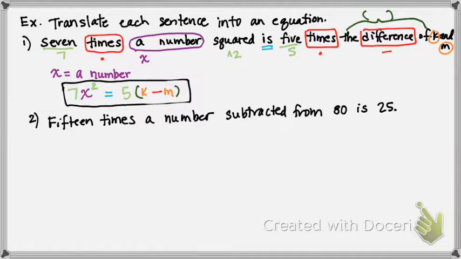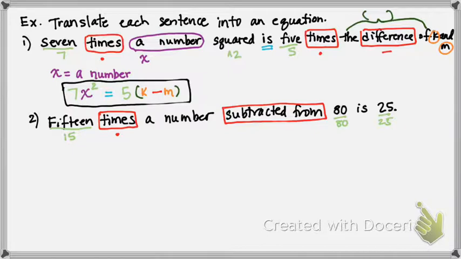Okay, so notice this one gave us some numbers, but not all of them. So let's go check them all out. 15, 80, 25. And then we look for words that mean operations. So we have times. Ooh. And then we have subtracted from.